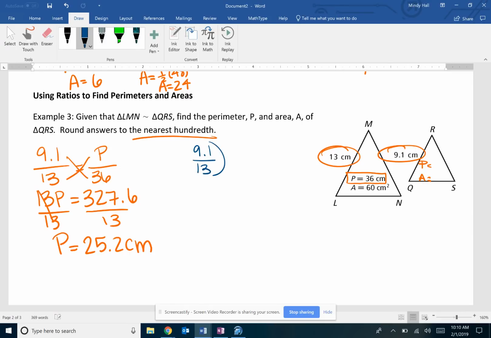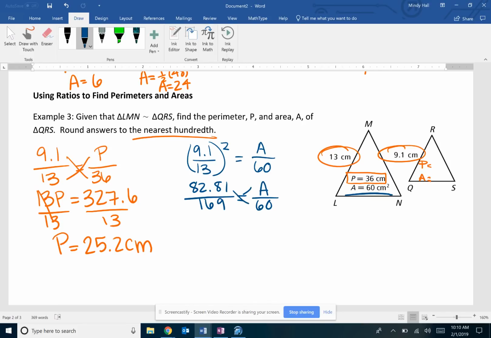It's kind of up to you, but I'm just going to write it here now just so that you can see the difference. So we started with the small one, so we'd have A on the top and then over 60. So then 9.1 squared is 82.81 and 13 squared is 169. So I'd have that equal to A over 60.